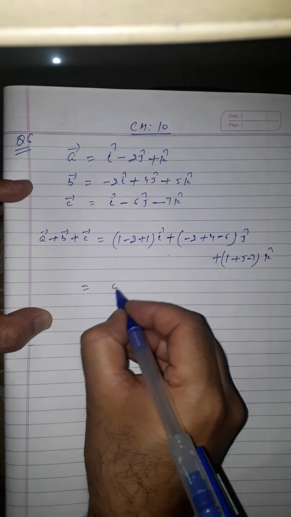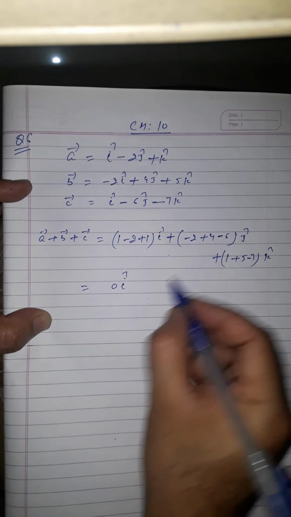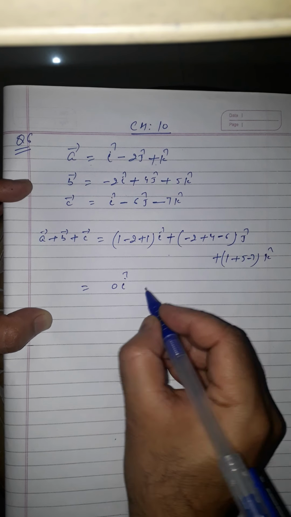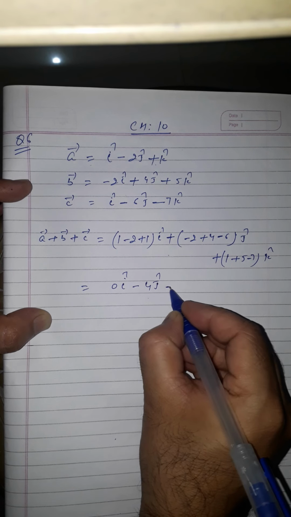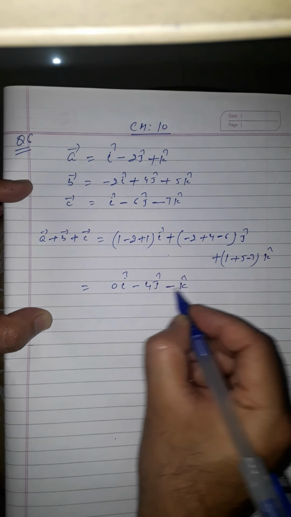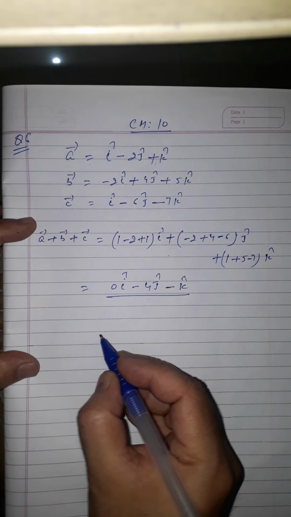Now students, from here you will get 0 i cap, minus 4 j cap, minus k cap. So this is the answer of question number 6.